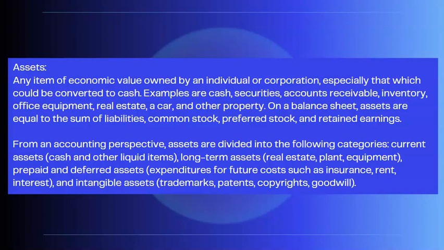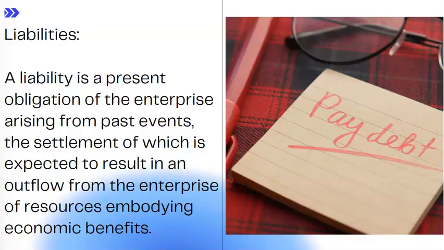From an accounting perspective, assets are divided into the following categories: current assets, cash and other liquid items; long-term assets, real estate, plant, equipment; prepaid and deferred assets, expenditures for future costs such as insurance, rent, interest; and intangible assets, trademarks, patents, copyrights, goodwill.